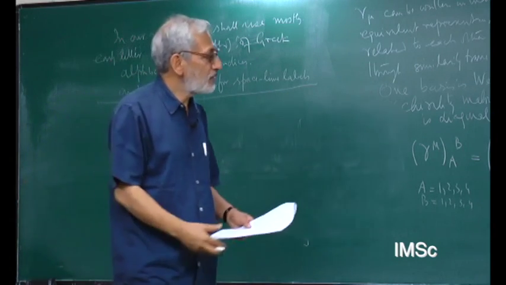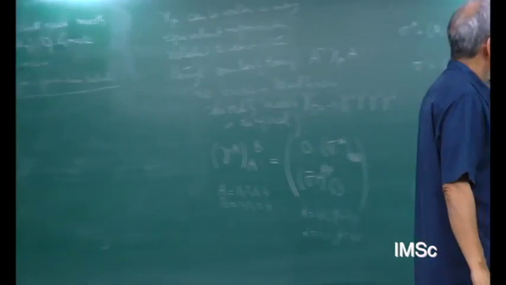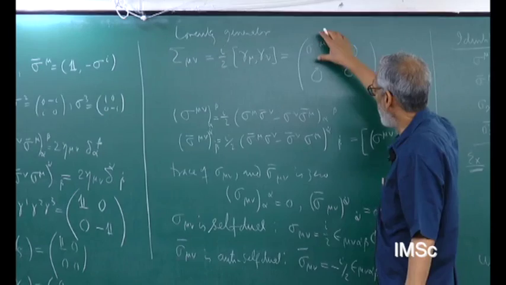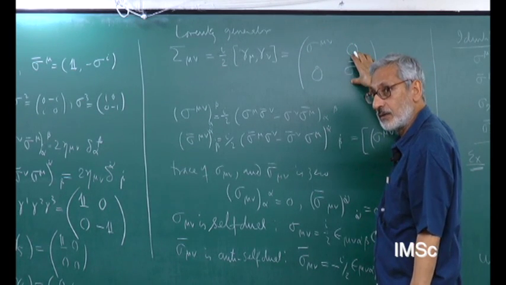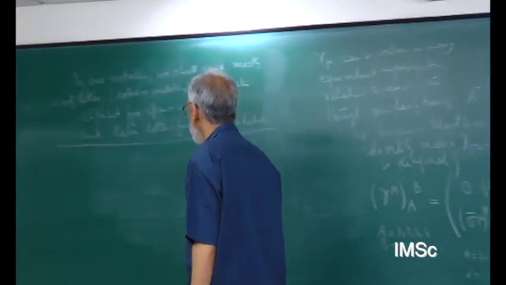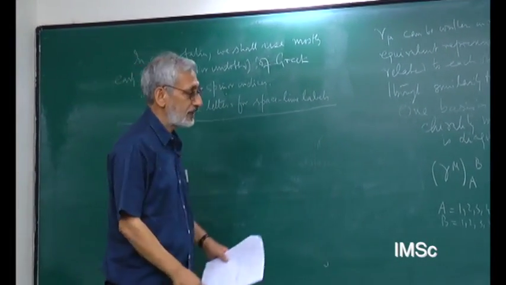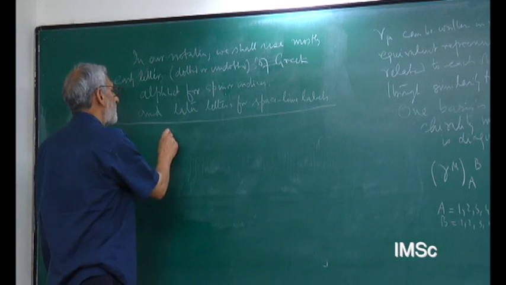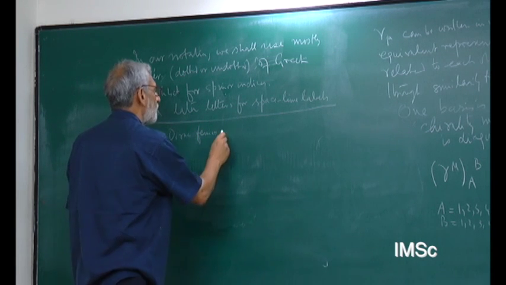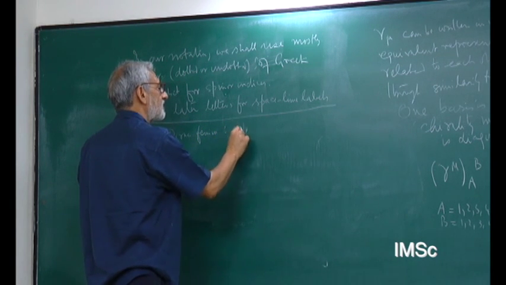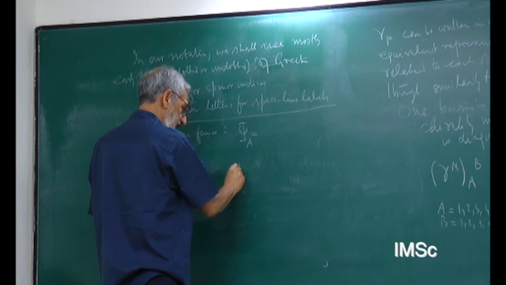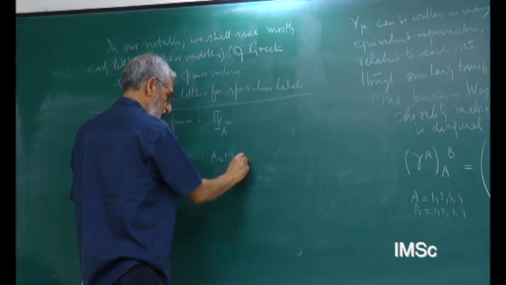So now that we have understood how to, in this basis, write the Lorentz generators for 4-component Dirac spinors, and they break into block diagonal form, this one and this one, we shall write the 4-component Dirac fermion with A equal to 1, 2, 3, 4.